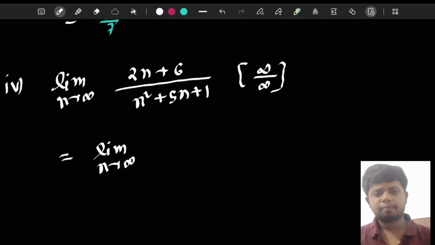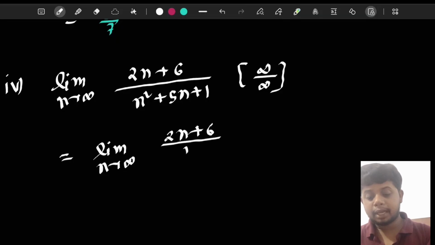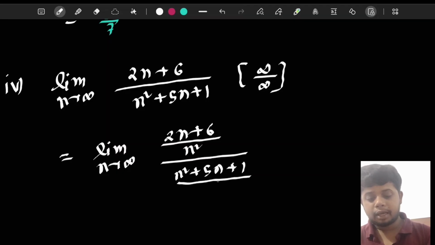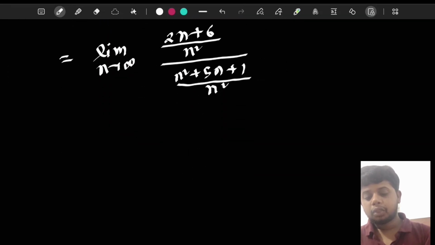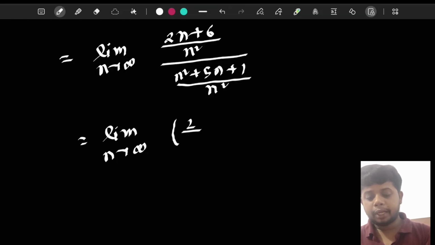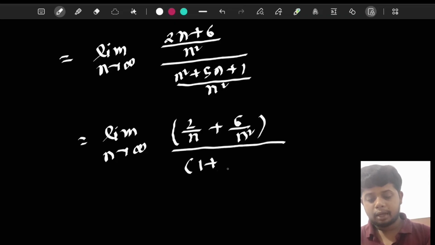I'll say yes, correct. So (2n plus 6) by n square, and here I'll get (n square plus 5n plus 1) by n square. So that means I am getting limit n tends to infinity, (2 by n plus 6 by n square) by (1 plus 5 by n plus 1 by n square).